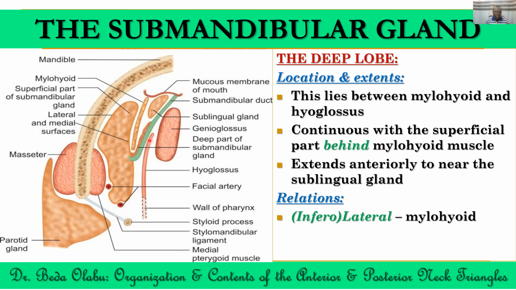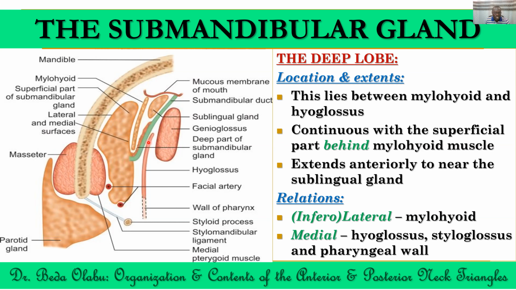So if you talk about the relations, the lateral relation, which is basically the inferolateral relation, is mylohyoid muscle, and the medial relation is the hyoglossus muscle if you go much anterior. But if you extend this posteriorly, we'll talk about the styloglossus muscle, and we'll also talk about the lateral pharyngeal wall, and that will be quite more posterior.